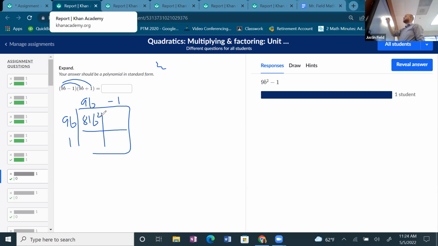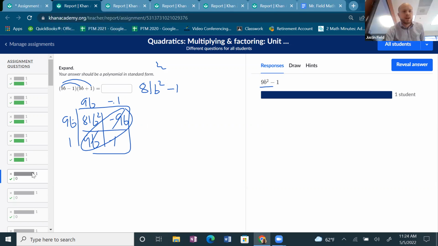That's 81b squared. This would be negative 9b, positive 9b, negative 1 times 1, negative 1. Add these together. They cancel out. So the answer is 81b squared minus 1. So one person got it right, one person got it wrong.